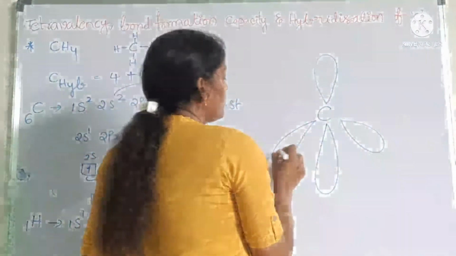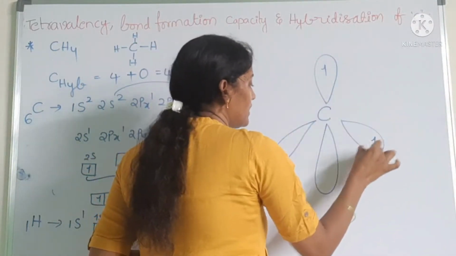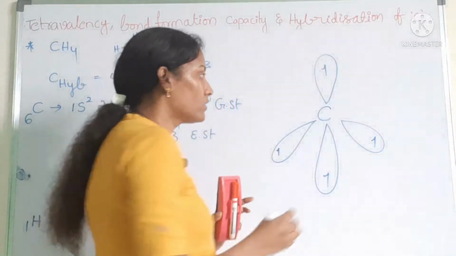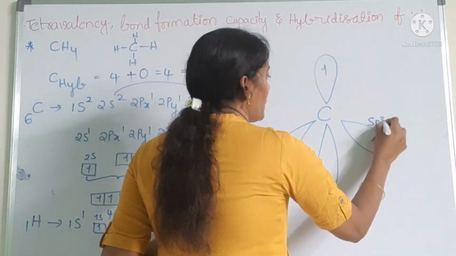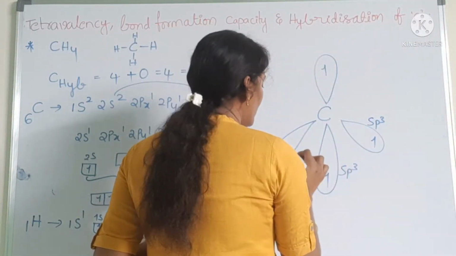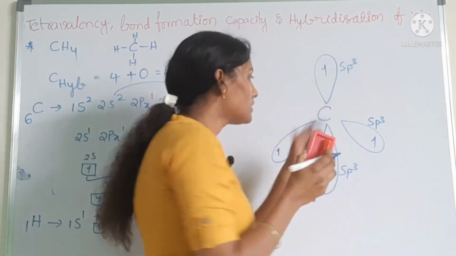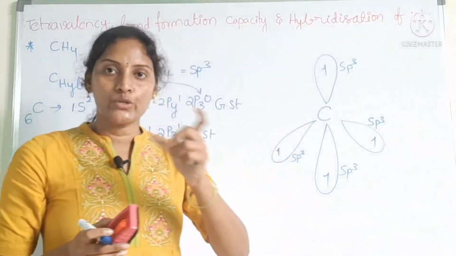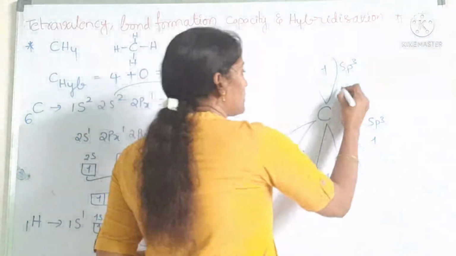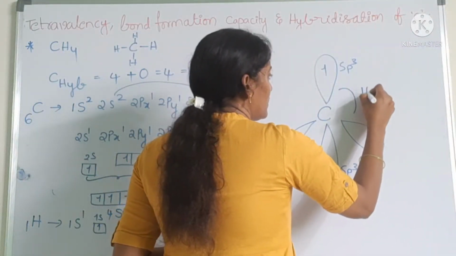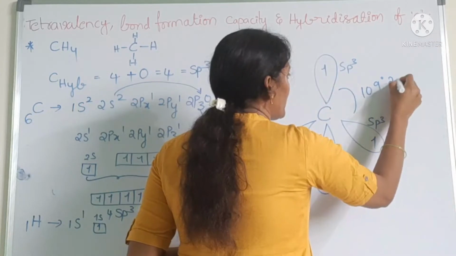Okay, see, each one possesses a single electron. This is sp3, sp3, sp3, sp3. The bond angle present between these orbitals is 109 degrees 28 minutes.